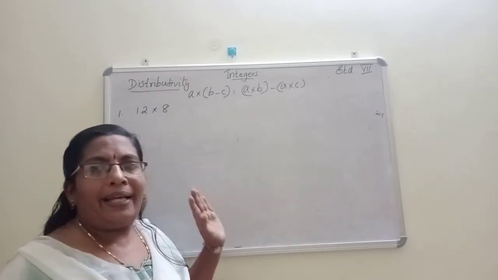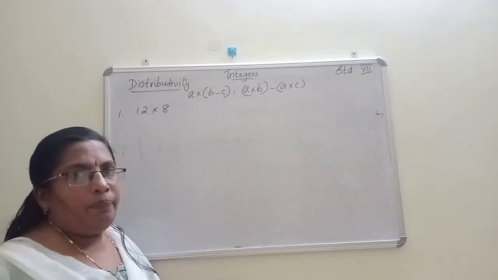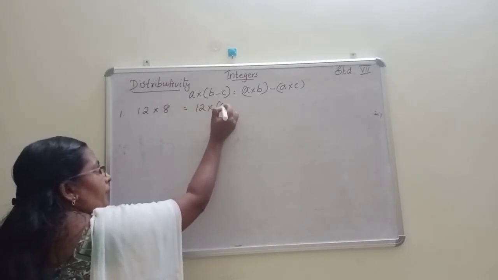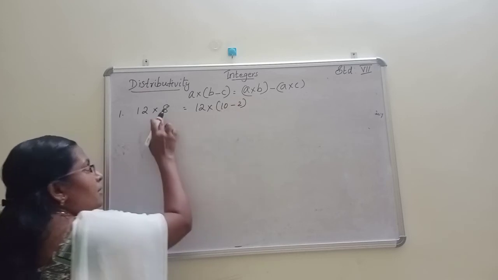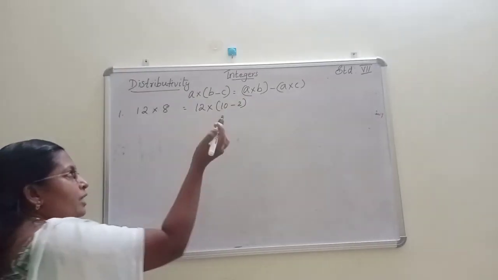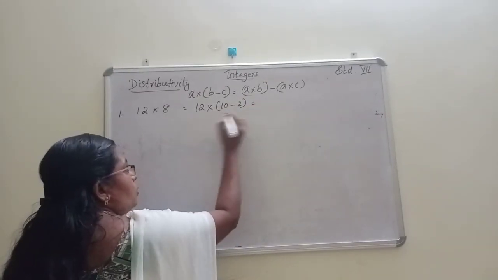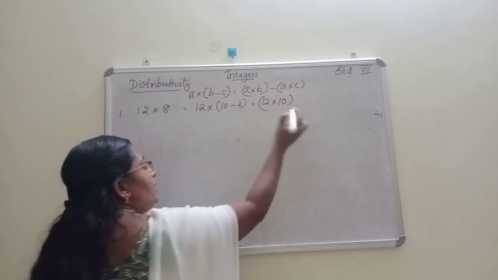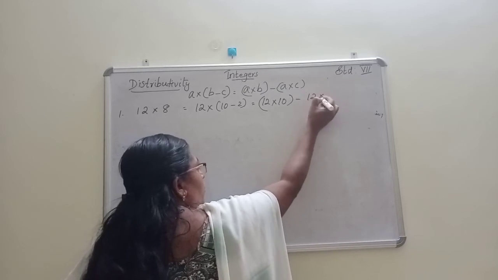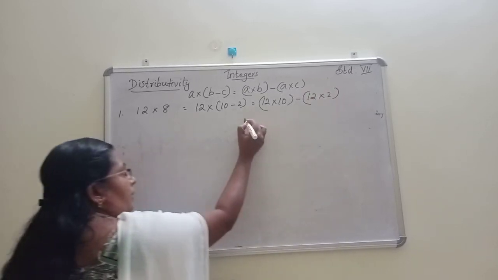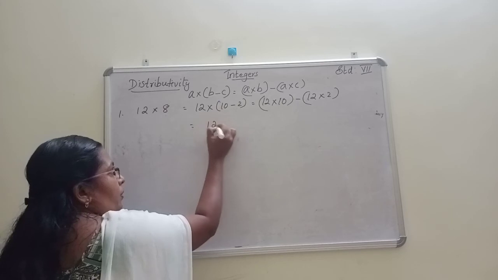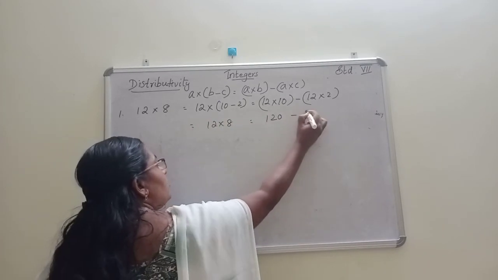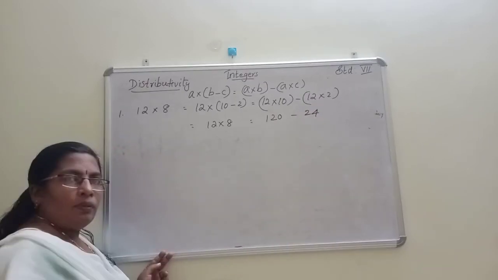If they ask like this, you should do it this way. Here you can write 12 into 10 minus 2. 10 minus 2 is 8. So expand it: 12 into 10 minus 12 into 2. That is 12 into 8 equal to 120 minus 24.